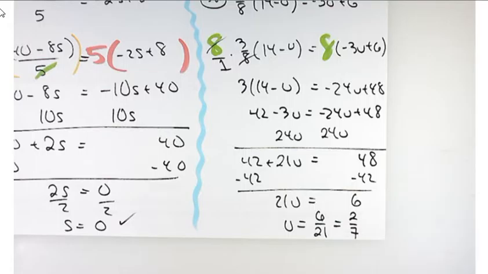Wow, a lot of work on that one. Let's do a couple more. Are there any thoughts or questions on that before we look at problem number 68? Okay, problem 68 it is.